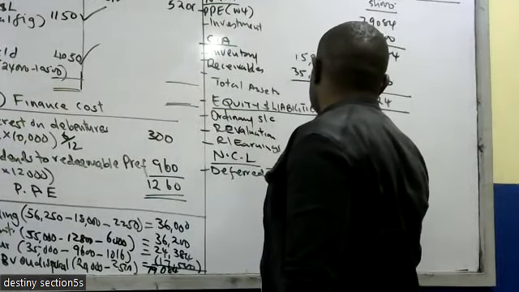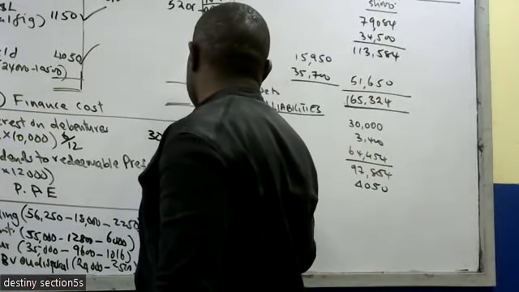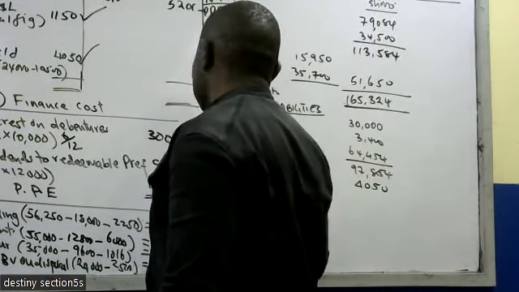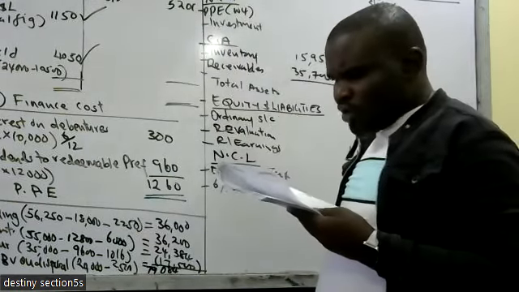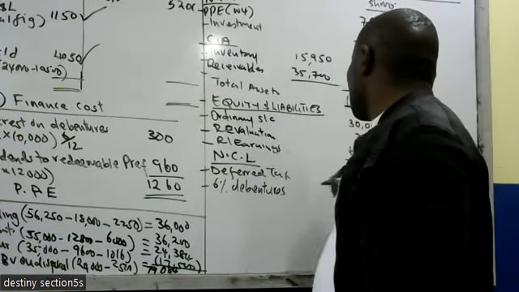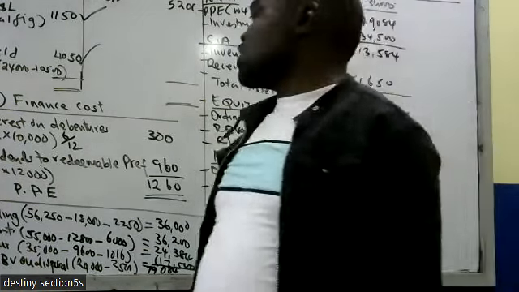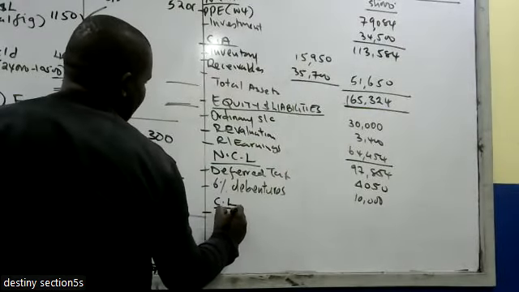So 40, 50. 6% debentures. Check the value of that loan. It was 12. No, it was 10. 6% debentures was 10.